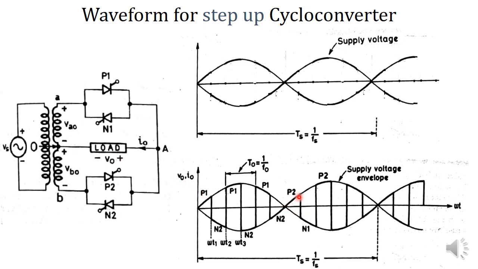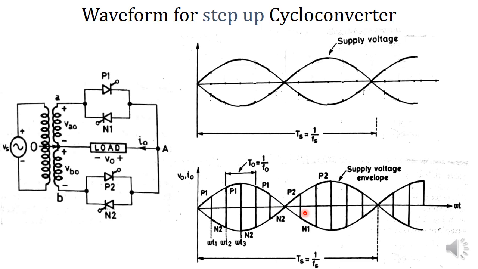This is the output voltage, and after a while we will turn on N1. During the turn on period of N1, the current will be flowing from this terminal through the load, through N1 and back to the source. So the direction of current has reversed.